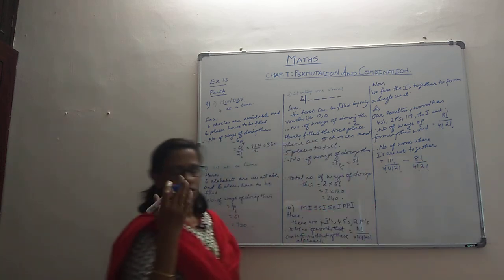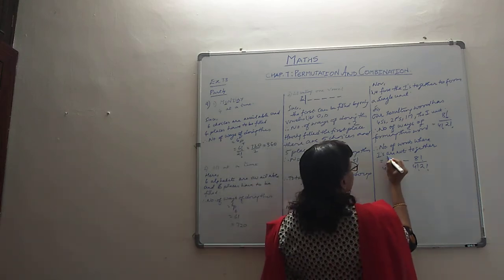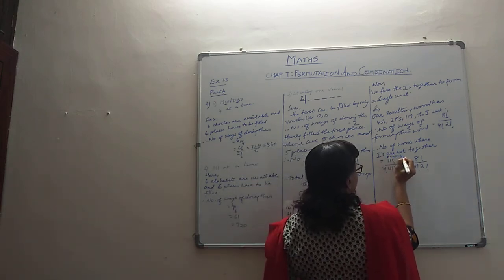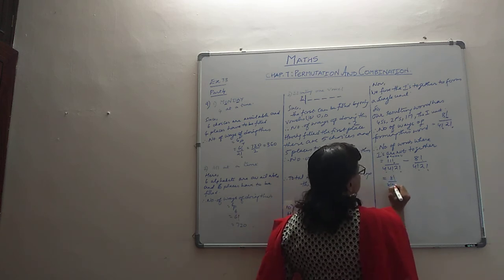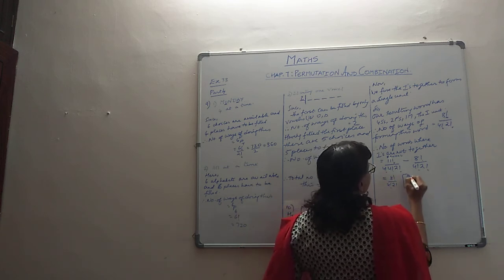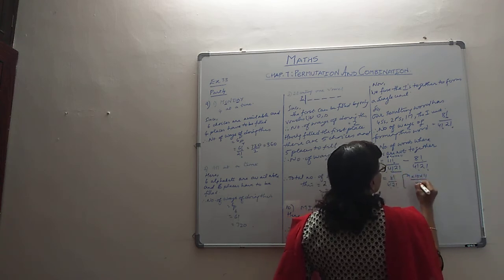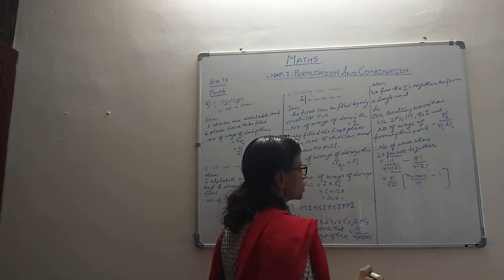Now I can use all our factorial logic to simplify it. 11 factorial is 8 factorial into 9 into 10 into 11, and then we can pull things out. 8 factorial can go out, 4 factorial can go out, 2 factorial can go out, and here we are left with 9 into 10 into 11, and only the 4 factorial is left here. Here nothing is there, everything has been pulled out. So this is what is remaining.